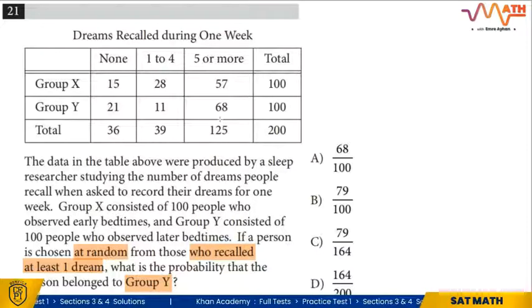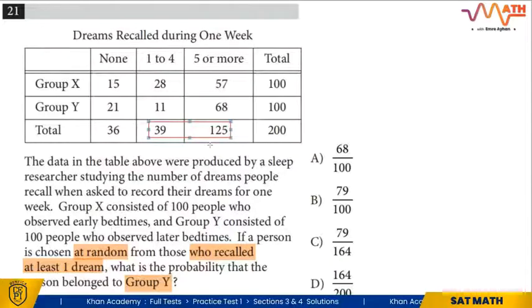So when you look at the table, the total number of people who recalled at least one dream is here, which is going to be 164.